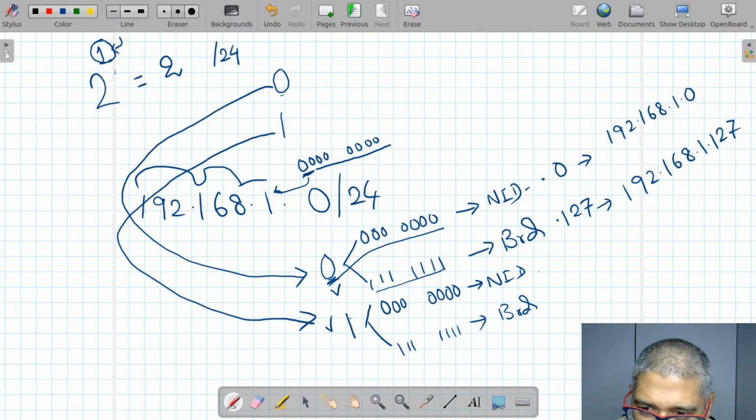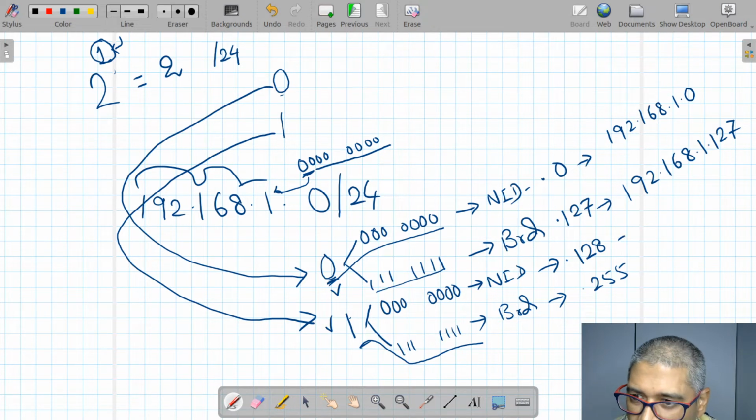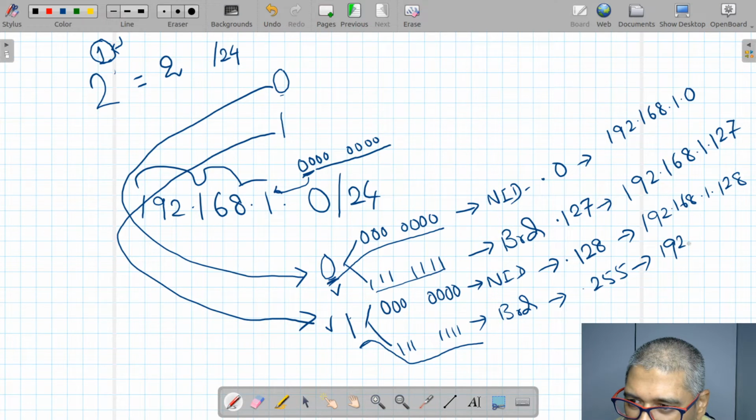Now next, you have 1 and all the zeros. This value is 128. This network starts from 128, and this will end with all ones. So my network ID is 190.160.1.128, and the broadcast IP is 255 by the ones' complement.